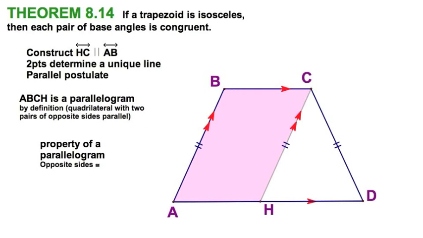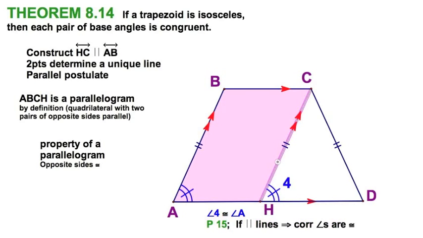And because it is a parallelogram, we can use a property of a parallelogram: opposite sides are congruent, as well as opposite angles and other things, but we're just going to use that. And now I see something interesting. I've got a pair of parallel lines here. I made them parallel.